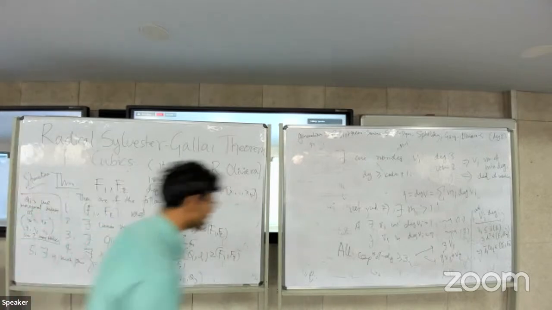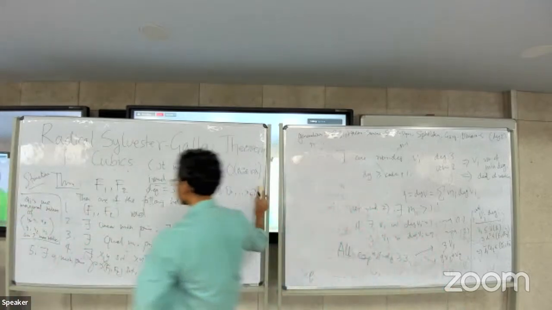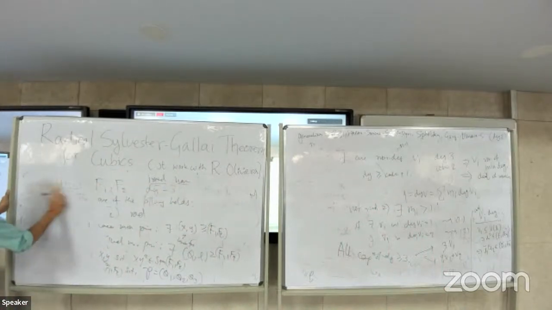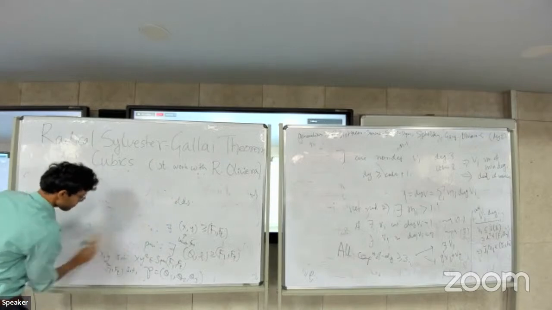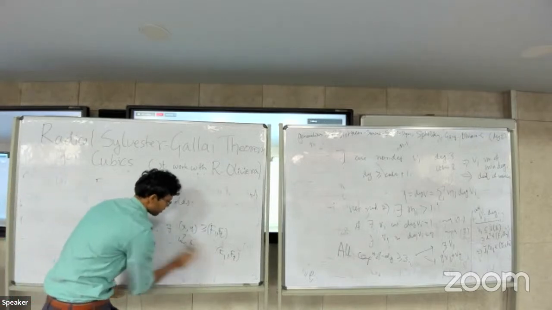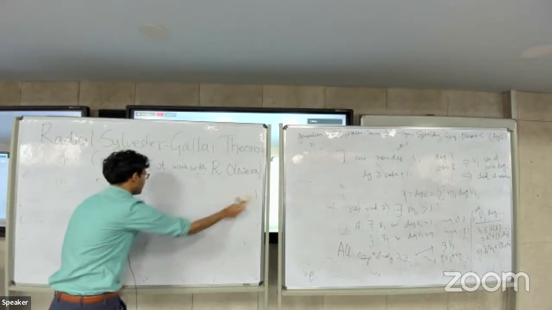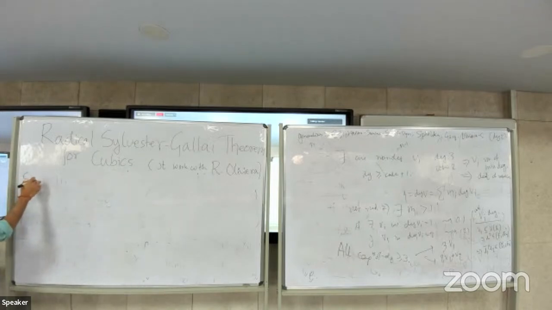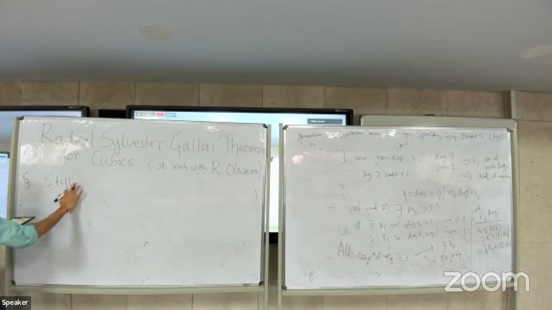I'll just talk about the last ingredient, which is kind of the most important thing. So this one was kind of basic, it's not trivial. And then the other ingredient is, let's talk about Stillman's conjecture in commutative algebra.